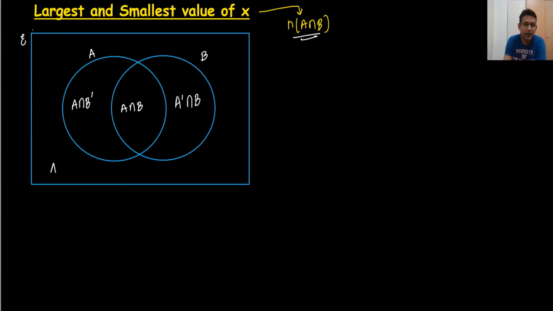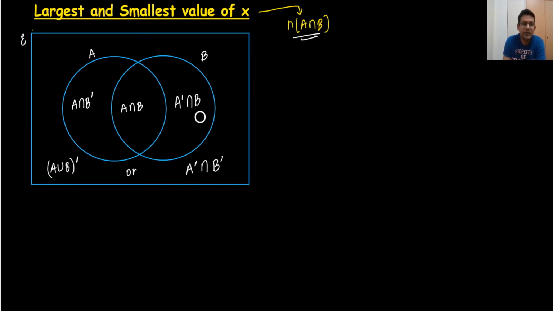We can write A union B, the whole complement, or you can write A complement intersection B complement. And when you have two sets in this situation, you can also learn this area as A intersection B complement. So you can also shade when you require. We have so many questions about this part and this part.